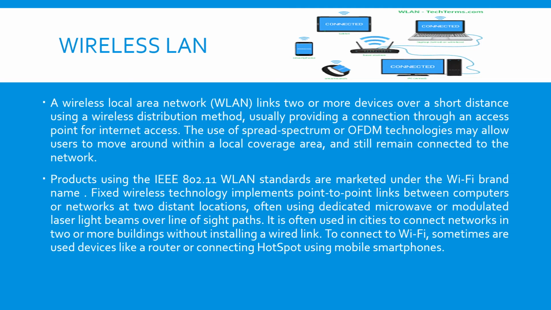For this purpose, we use the access point or the AP to connect to the internet, which is of the IEEE standard 802.11. This technology is also known as Wi-Fi technology, and the device which is used to connect to a Wi-Fi is the access point.